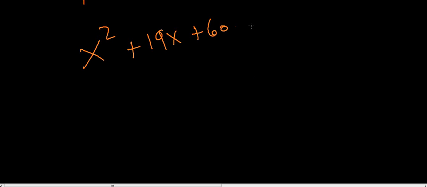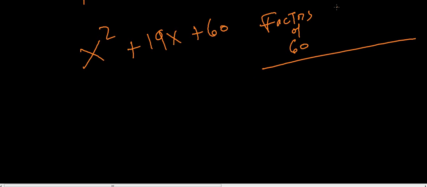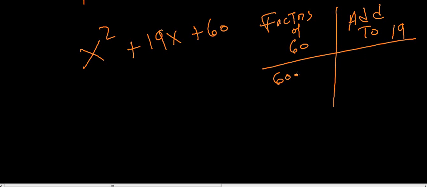Let's look at something a little bit more complicated for our last example. What if we have x squared plus 19x plus 60? Well, what are some factors of 60 that add to 19? You've got 60 times 1. Well, that adds to 61. What else is there? There's 2 times 30.